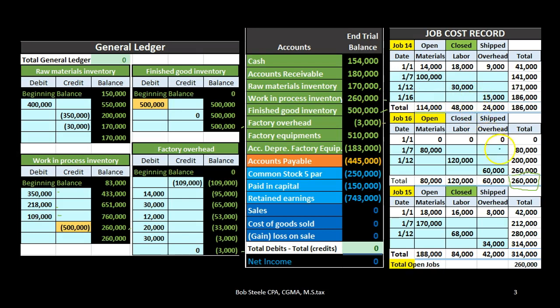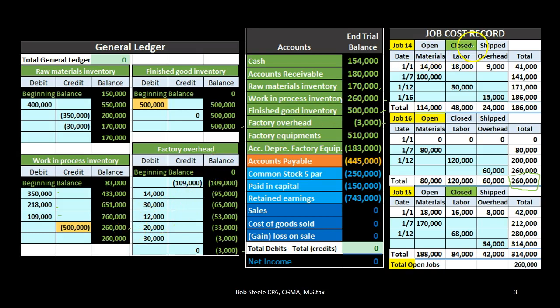Once we have that information, we will then use the job cost sheets to back up the trial balance. For example, job 16, the only open job in our example indicated here, adding up to $260,000, that amount matching what is on the trial balance under the work in process account and the amount on the general ledger under the work in process account.